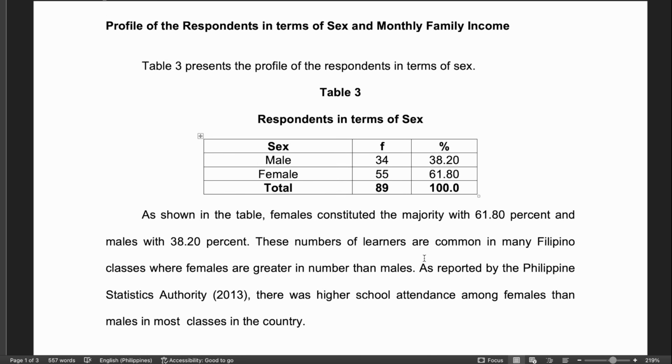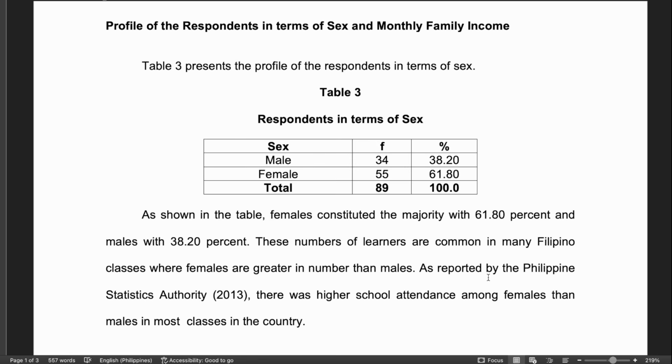Okay, isang basic na halimbawa ng interpretation ay ito. As shown in the table, females constituted the majority with 61.80%, and males with 38.20%. These numbers of learners are common in many Filipino classes where females are greater in number than males.